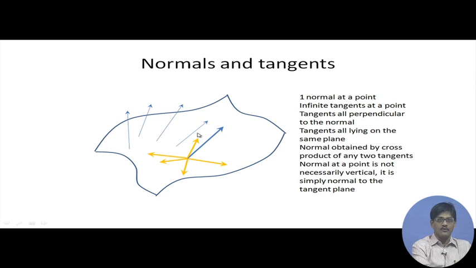So, all these are normals, and all these orange lines are tangents at this particular point to the surface. And of course, it is of interest to us, are these normals vertical? The answer is no, they are not necessarily vertical, but they can be contained in vertical planes.